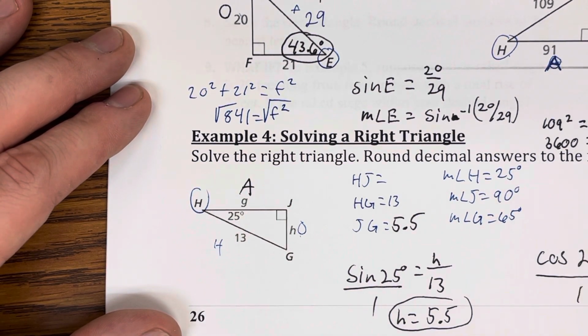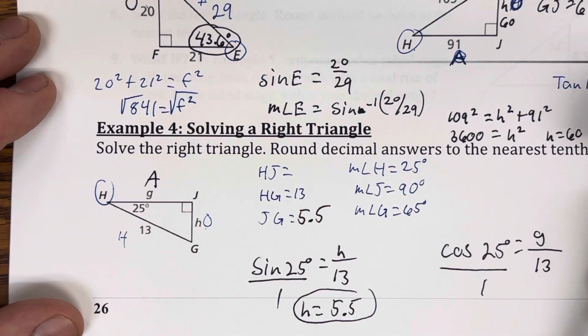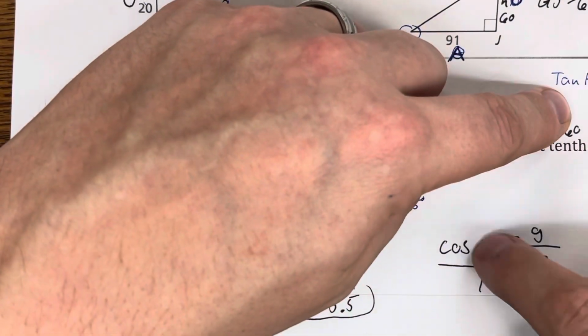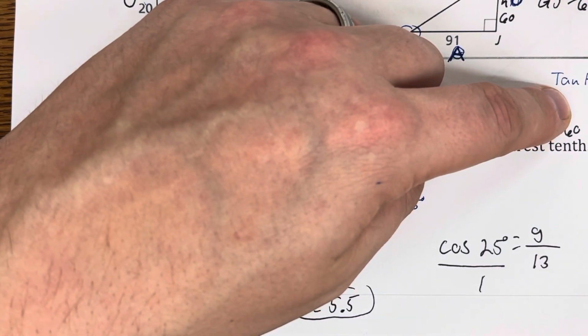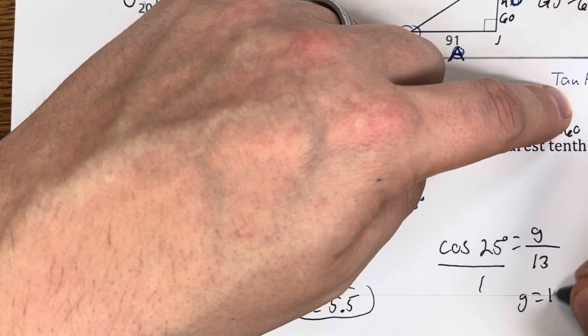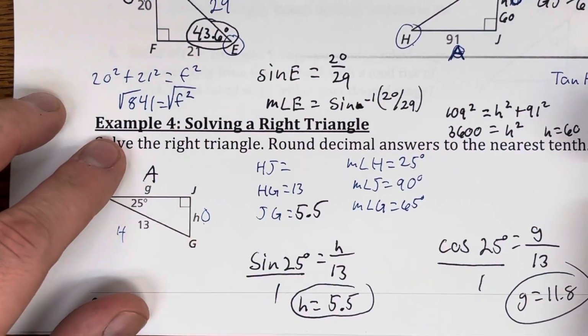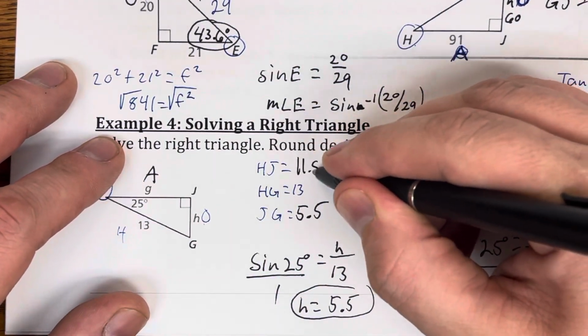Put it over 1 and we can cross multiply to solve. All right, so 13 times the cosine of 25 is 11.8. And little g was side HJ, so that's 11.8.